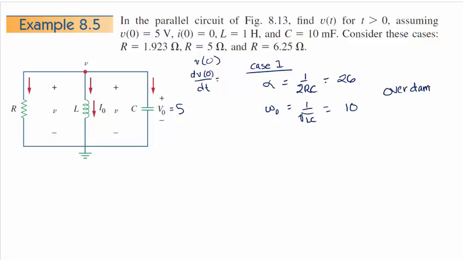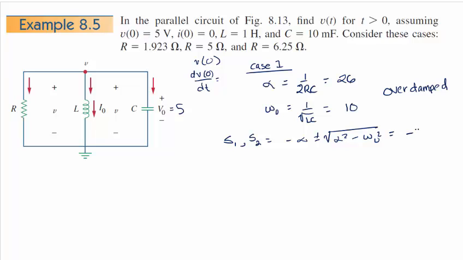Since it's overdamped, we know what form the solution will be in, and we also get our roots S1 and S2. We calculate them from our alpha and omega, so it's minus alpha, plus or minus the square root of alpha squared minus omega naught squared, and we get our 2 roots.